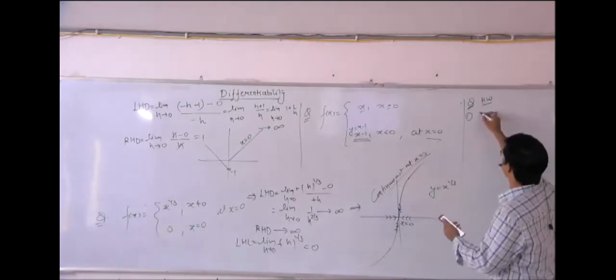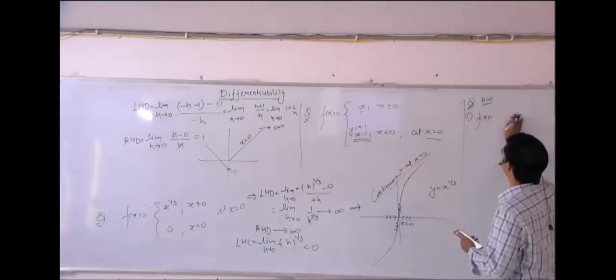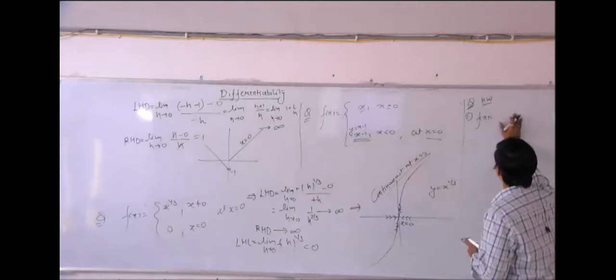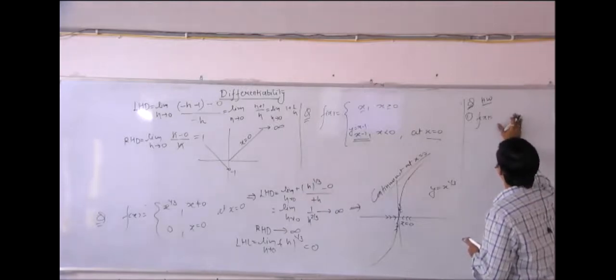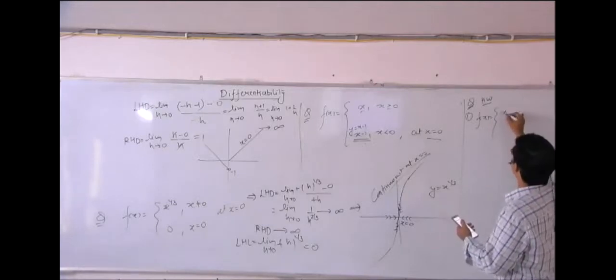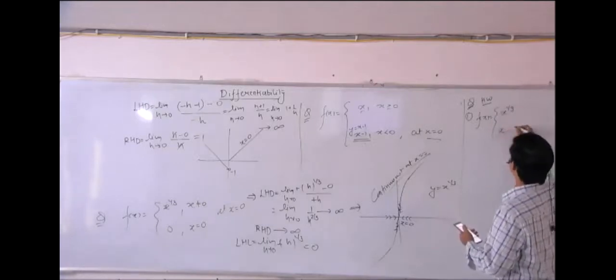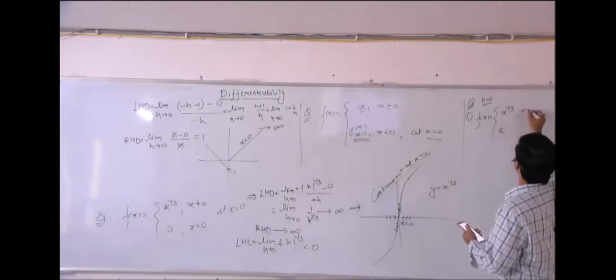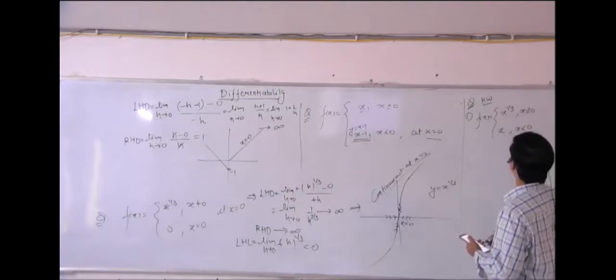Let's say f of x equal to x to the power 1 by 3 when x is greater than or equal to 0, and x when x is lesser than 0.